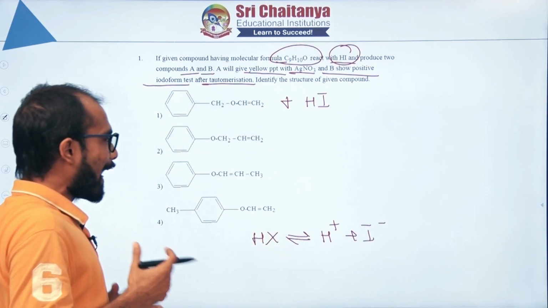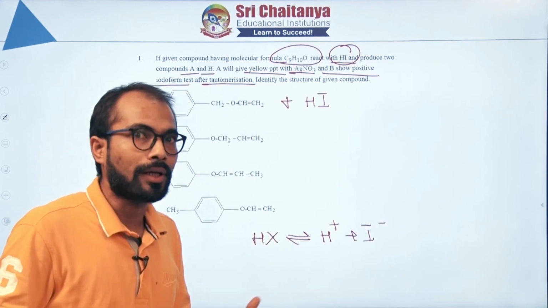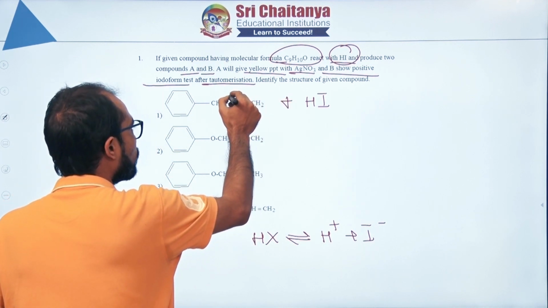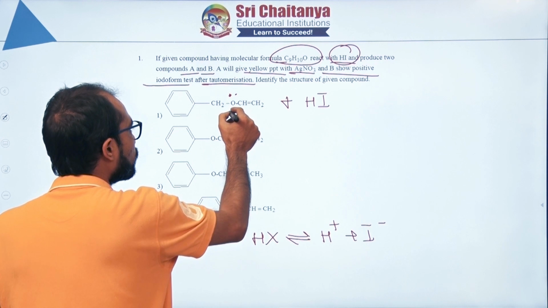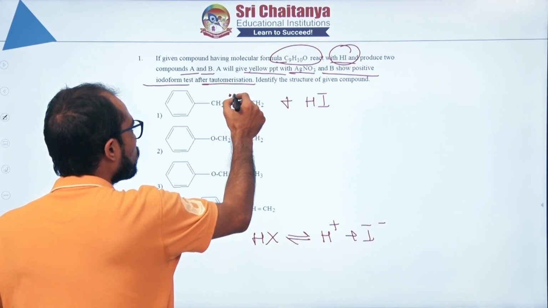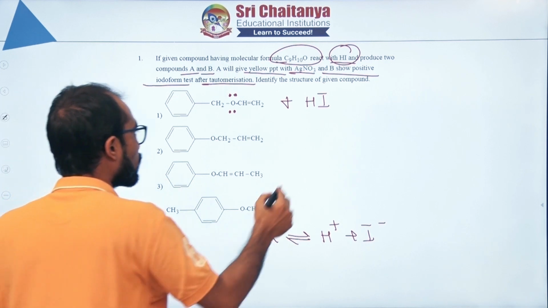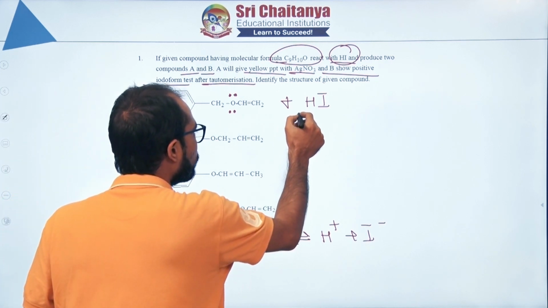Now, this H plus will look for electrons. Now, where do you find electrons? Of course, there are electrons here. So, this oxygen is containing electrons, and this H plus will get protonated there.